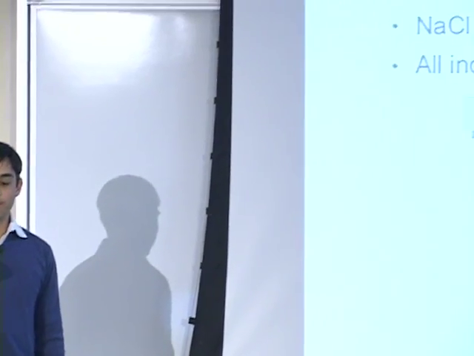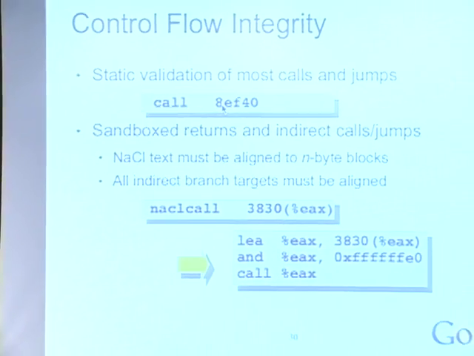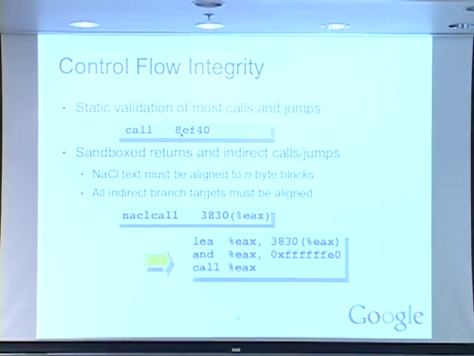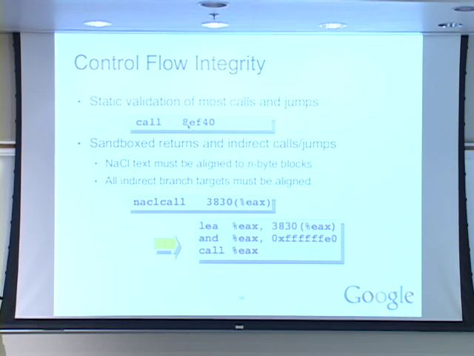Let's talk a little bit about control flow integrity next. The key thing that we want to achieve here is that for every control flow instruction, every jump, every call, every return, we want to know that the place we're transferring control to is safe, that it's an instruction that we've looked at, okay?